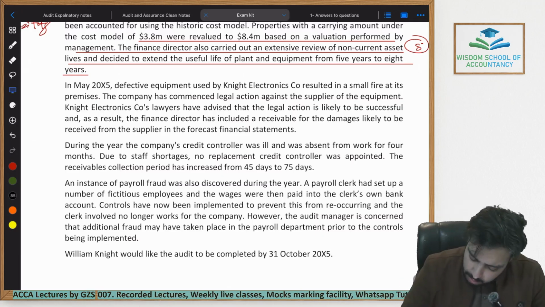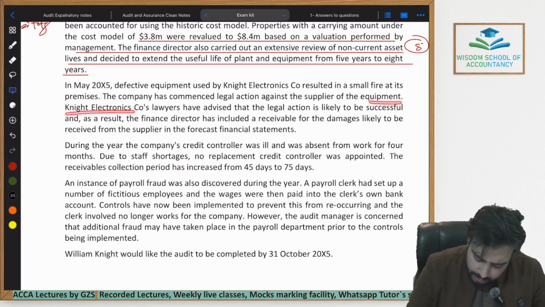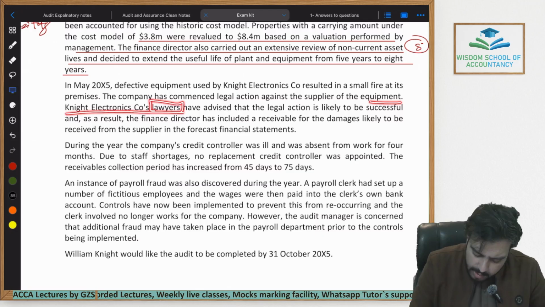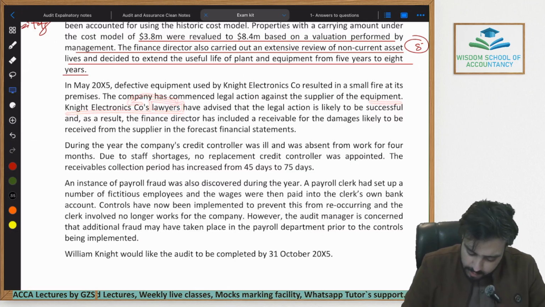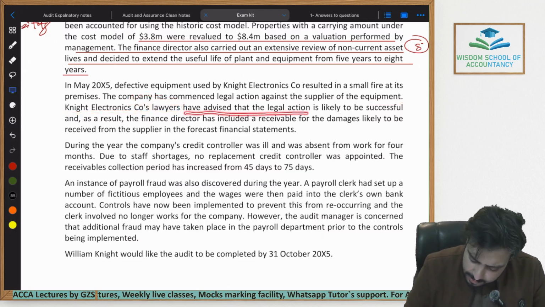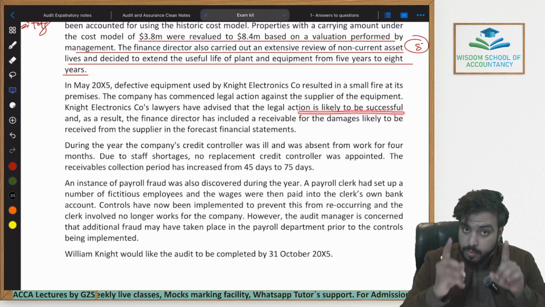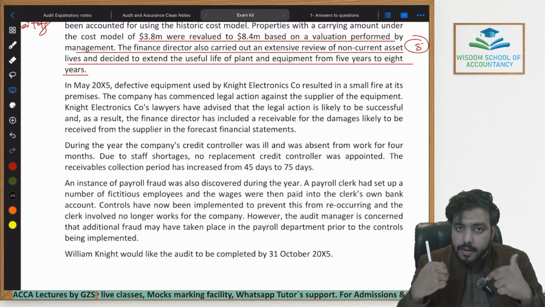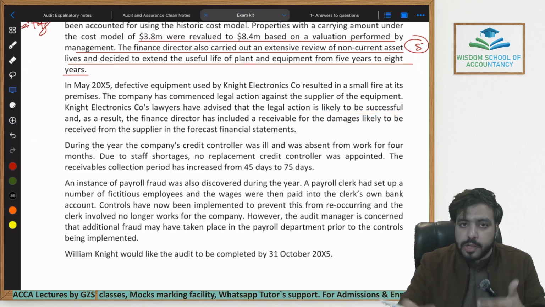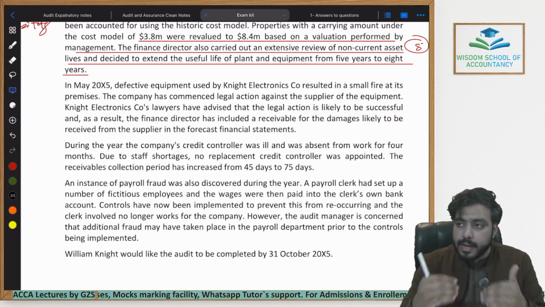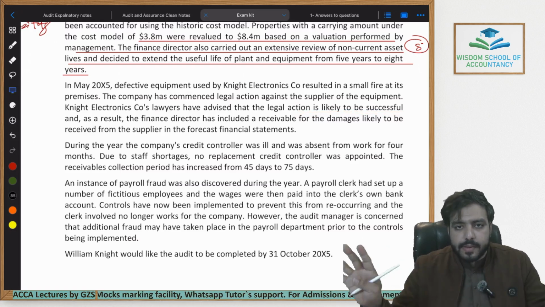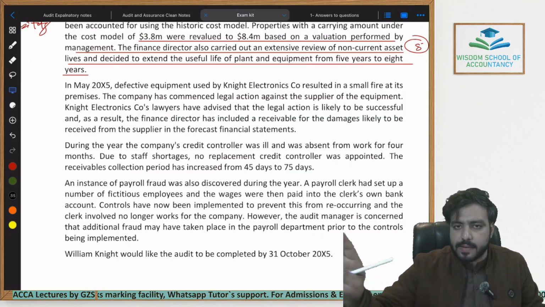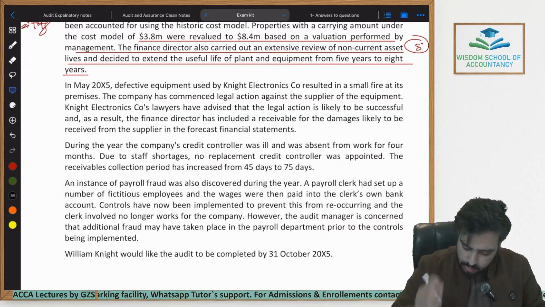Now, the lawyers of Knight Electronics Corporation, the client that we are auditing, have advised that the legal action is likely to be successful. So Knight Corporation's lawyers are telling me that we will win the case against our supplier and he will have to pay us.